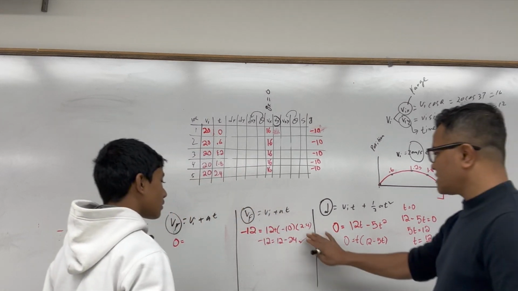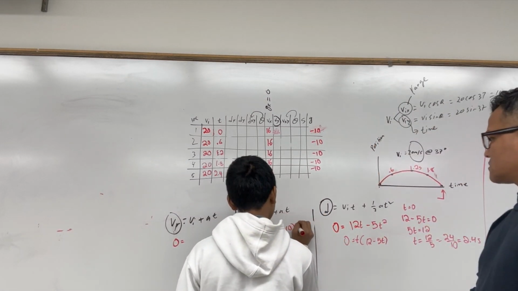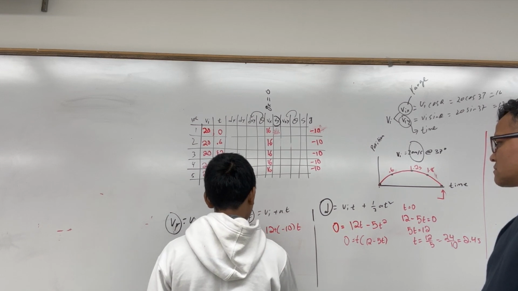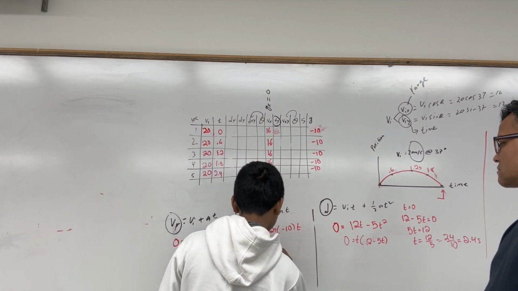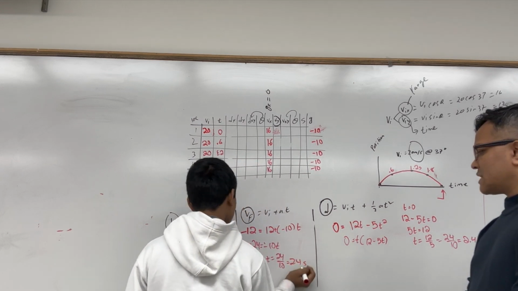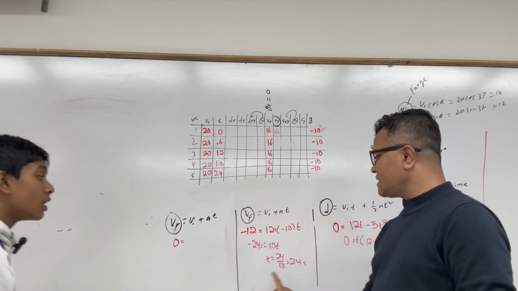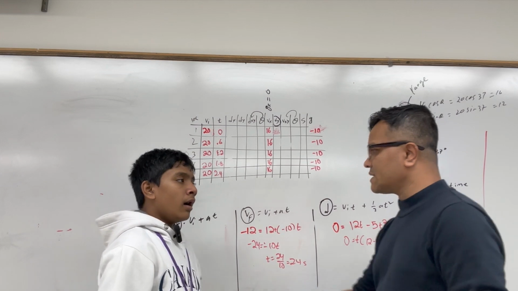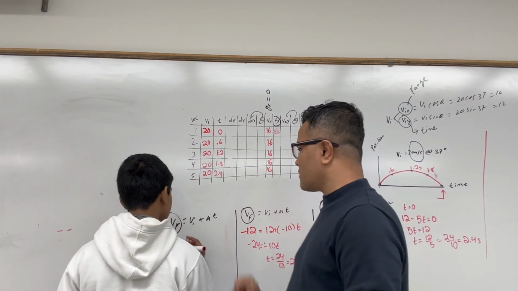Now I wanted to find the t. Okay, you can do that as well. So you get minus 24 is equal to minus 10t, or in other words, t is equal to 24 over 10, which is 2.4 seconds again. So that checks. If you use the information at location 5, you get the information at location 5. On the other hand, if you use the information at location 3, you get the information at location 3.